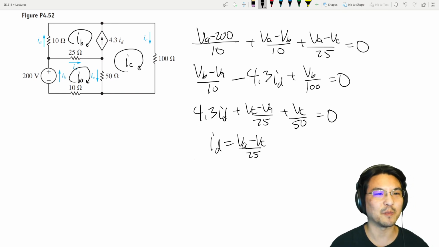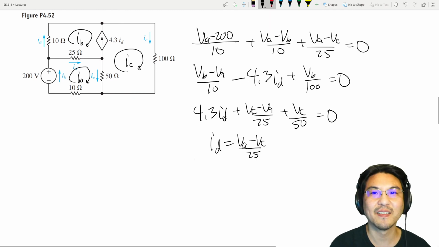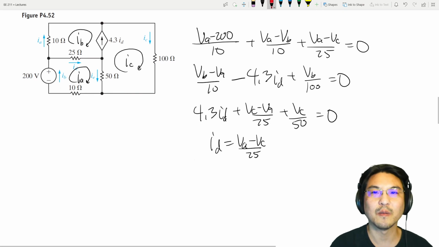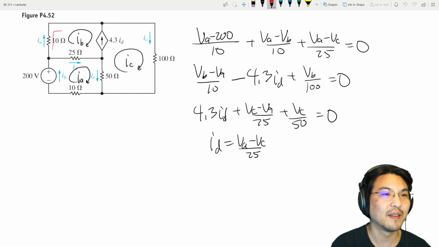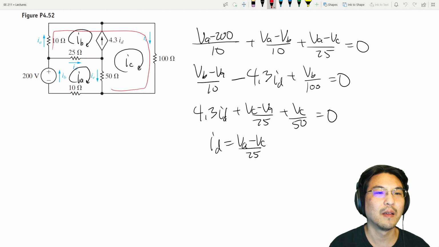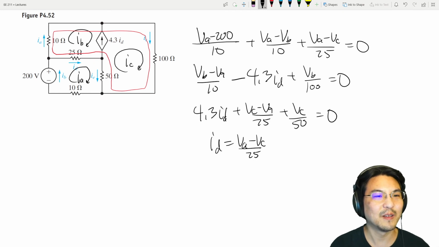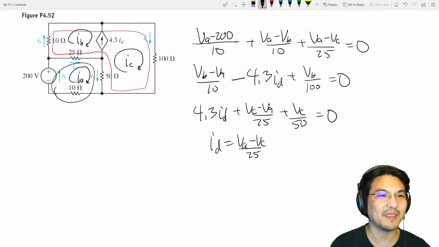Not for this circuit. Although I do notice that we have a super mesh right here. Okay, so when we do KVL, there's mesh A and the super mesh.